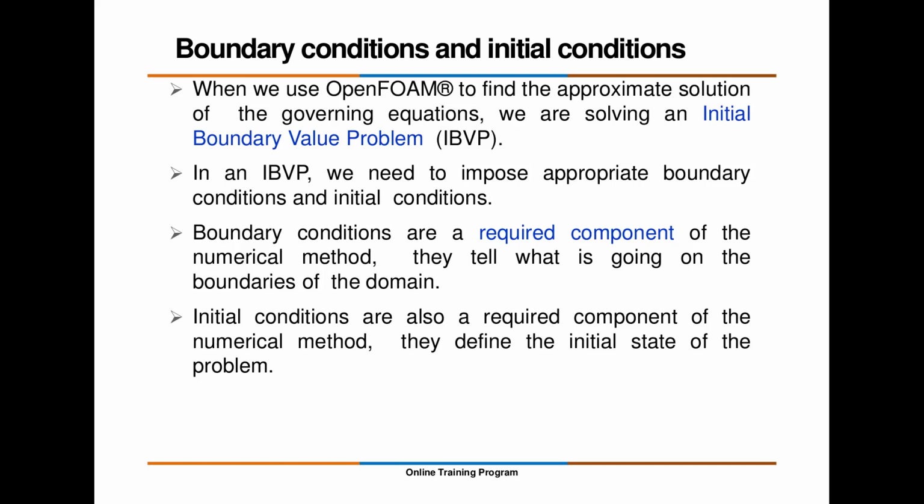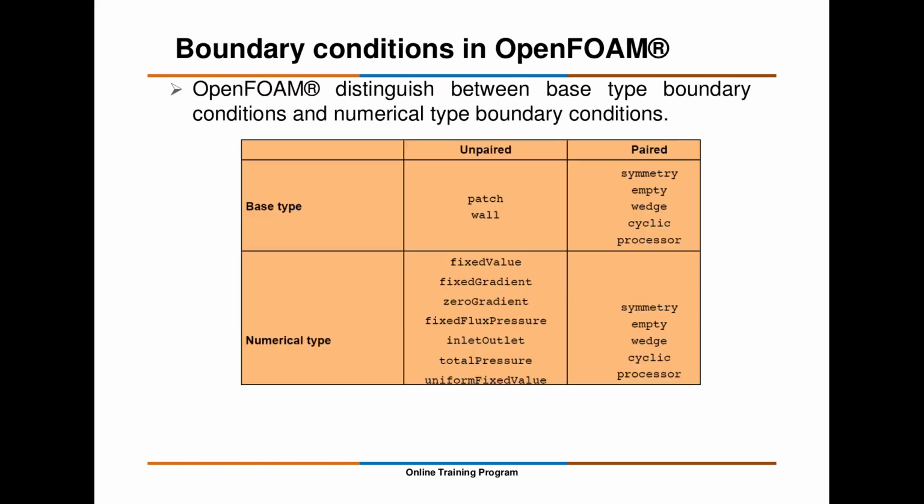Why? Because after the first iteration or first time step, that is going to be washed out. That's why when we are working with steady state simulation, the initial condition is a very important aspect.